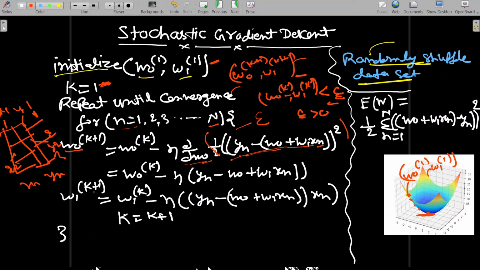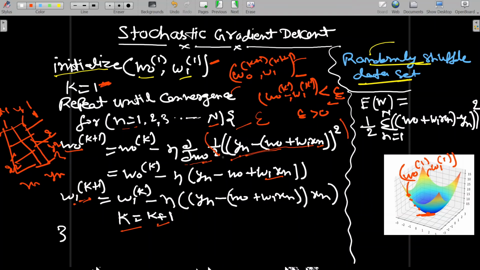And then similarly we find w1 in the same manner, and then k equal to k plus 1, and it will repeat until it converges, when the previous w0 w1 minus the next w0 w1 is less than epsilon, where epsilon is greater than 0 but sufficiently small and tending towards 0. Then we can say stop over there, and this stochastic gradient descent algorithm has converged.